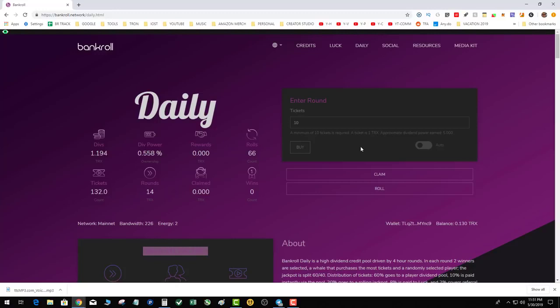Well, here is the added twist. Anytime someone hits that claim button and 5% of their div power disappears, guess what happens? You get credits. So that claimed loss of percentage of the user goes to all the credit holders that are in the daily.